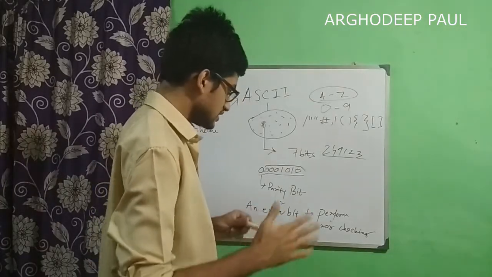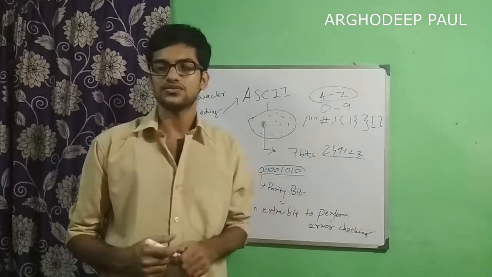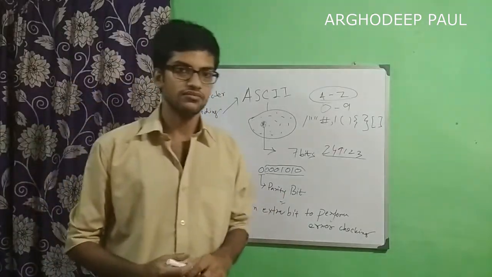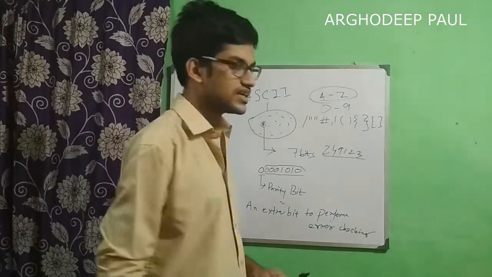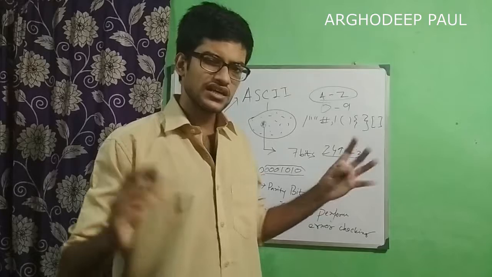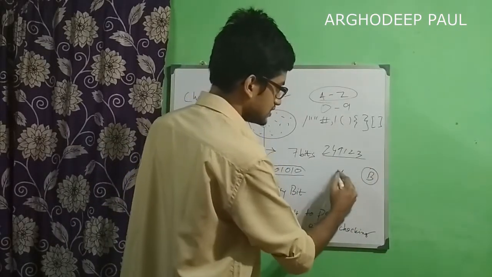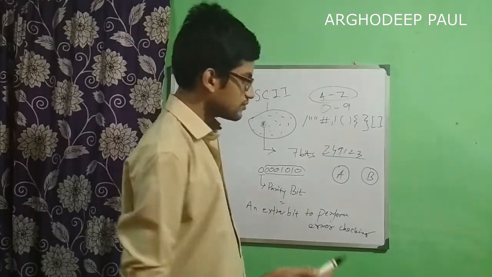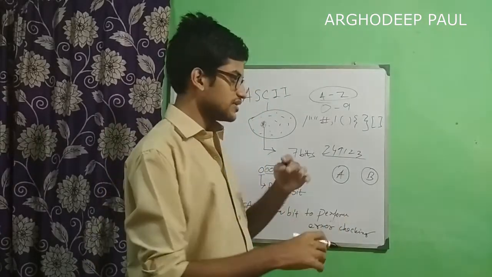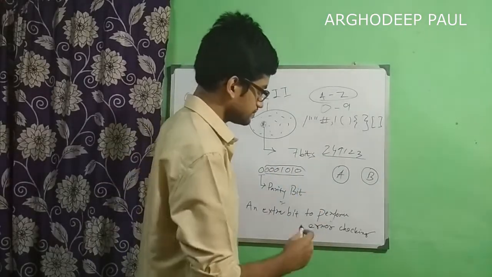Why is error checking required? Just assume that you have two devices, one is a master and another is a slave, or simply a device and a host. There are two devices, device A and device B, and they are communicating with each other by sending data.